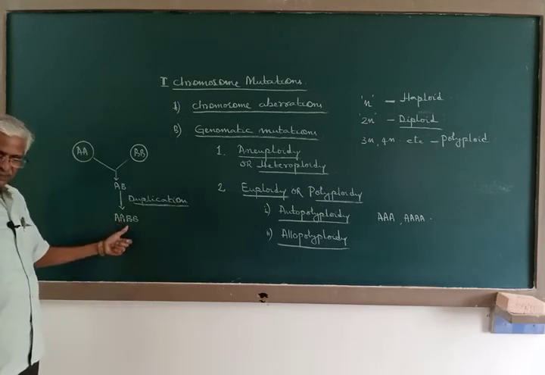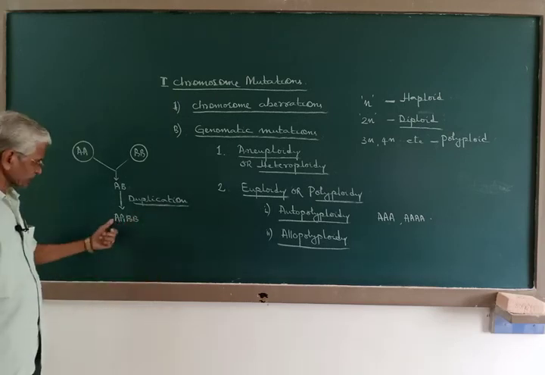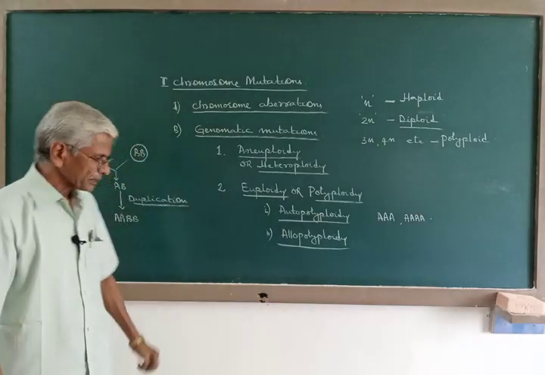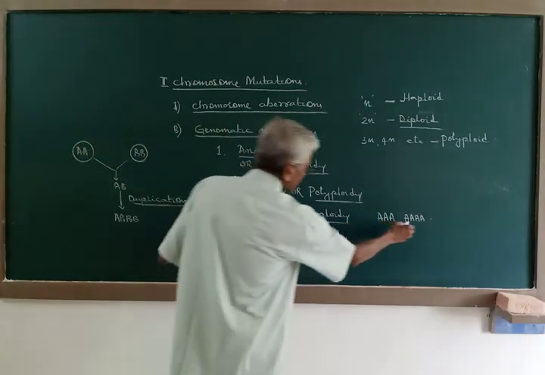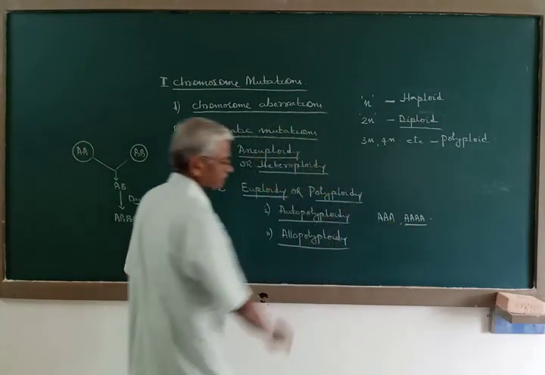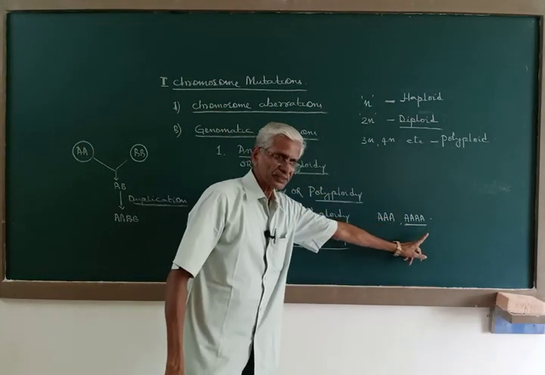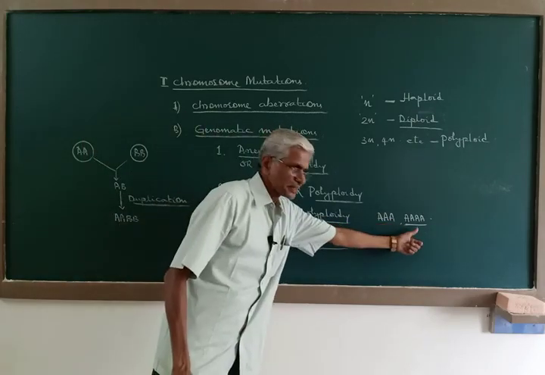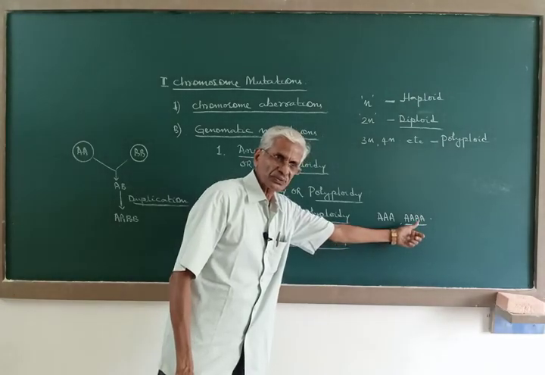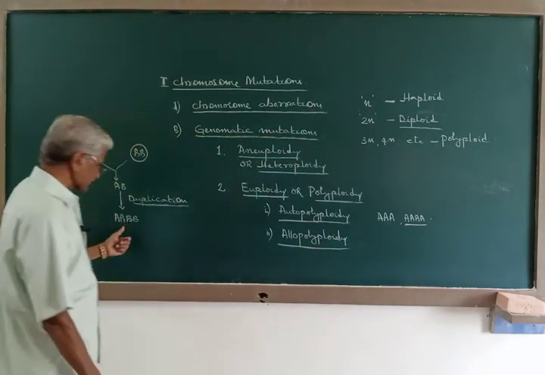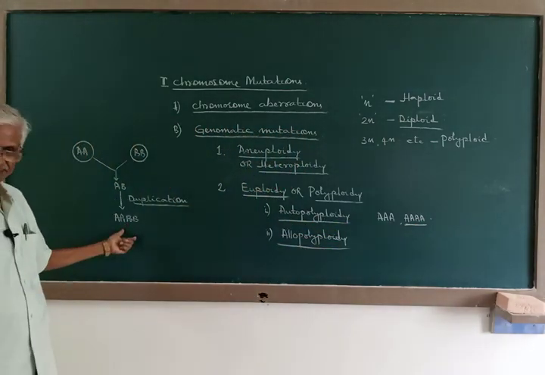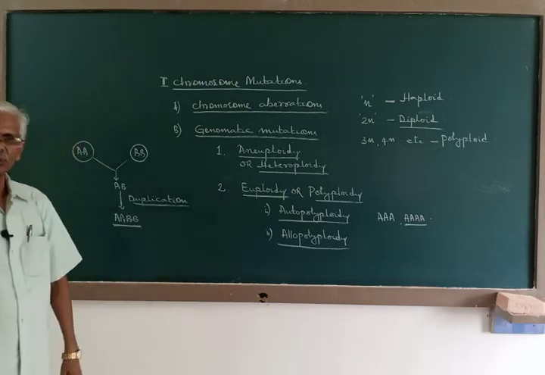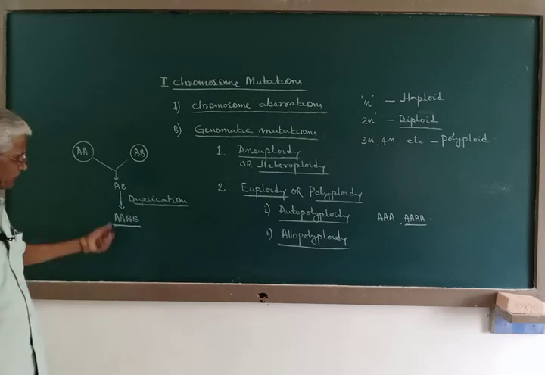So this is tetraploidy because there are 4 sets of chromosomes. But both are not the same. This is tetraploid, and this is also tetraploid. But this tetraploid is autotetraploid, but this is allotetraploid. So this is allotetraploid or allopolyploid individual.